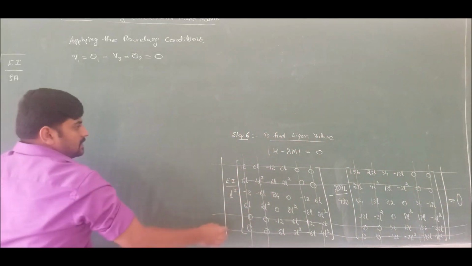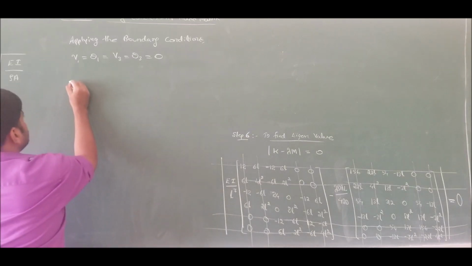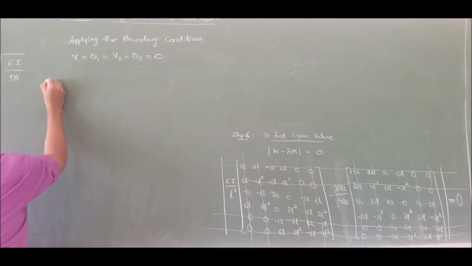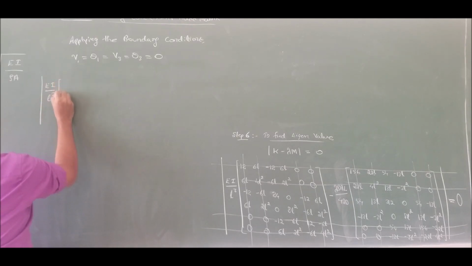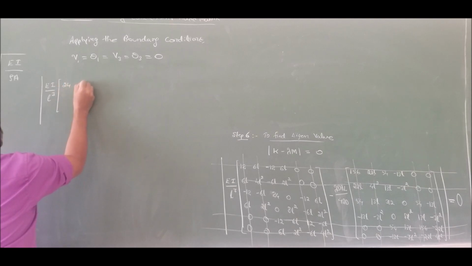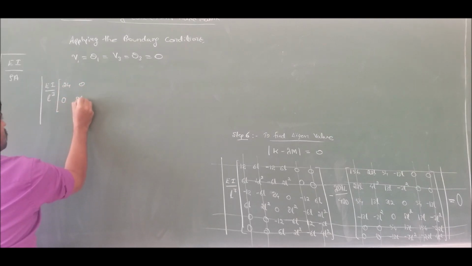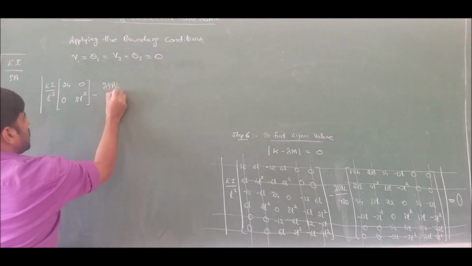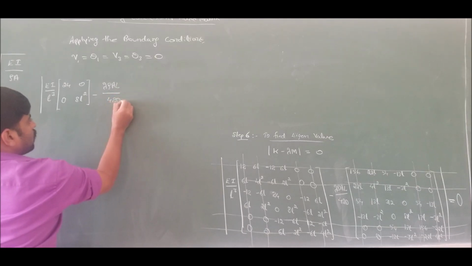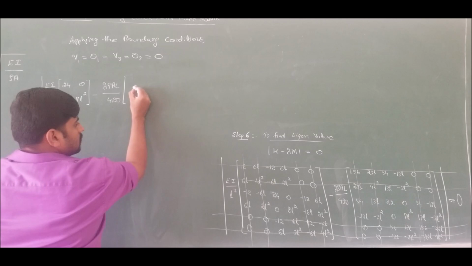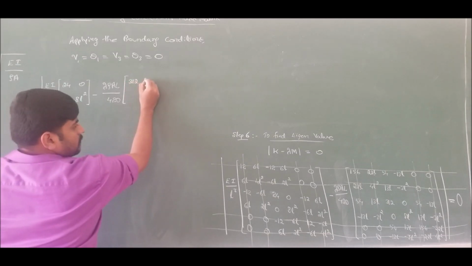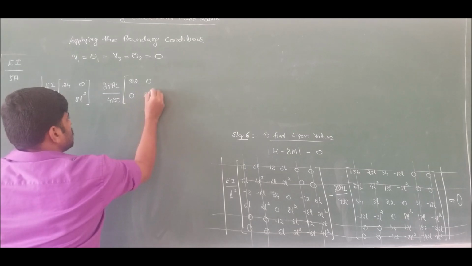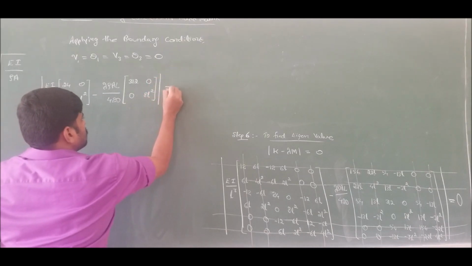The matrix which is remaining to be solved is EI by L cube, determinant of EI by L cube into matrix of 24, 0, 0, 8L square, minus lambda rho A L by 420 into 312, 0, 0, 8L square, which must be equal to 0.